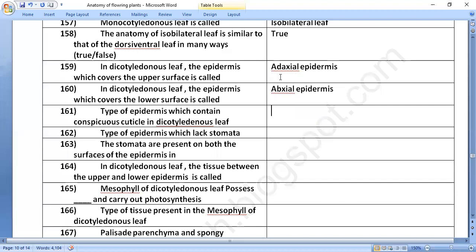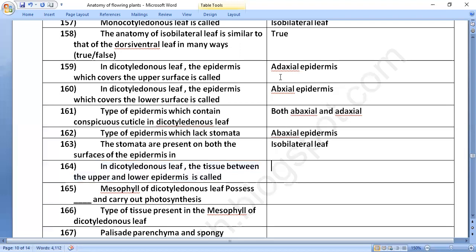The abaxial epidermis has more stomata, while stomata are present on both surfaces of the epidermis in isobilateral leaf.